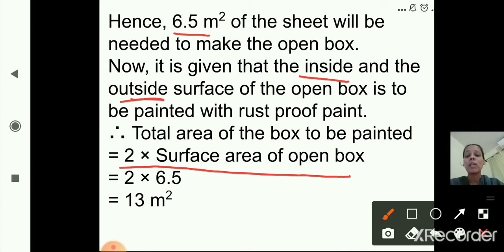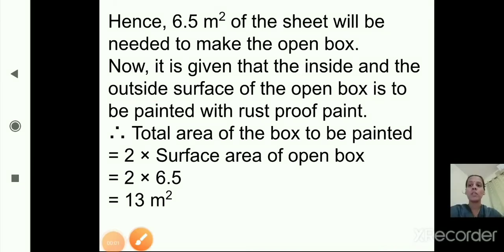Surface area of open box is 6.5. So 6.5 multiplied by 2. Answer is 13. So 13 meter square.